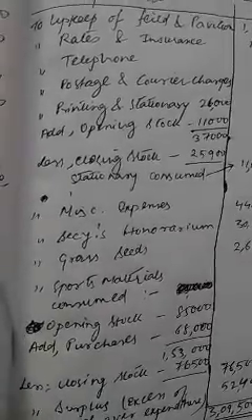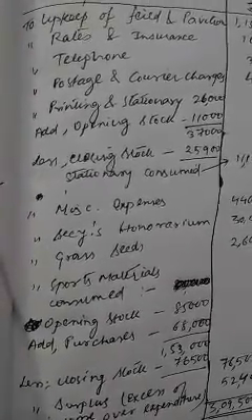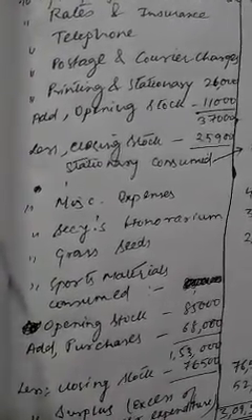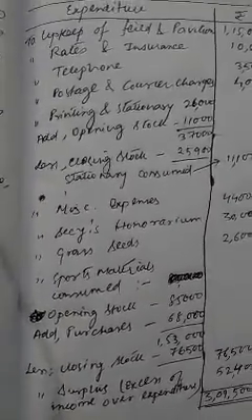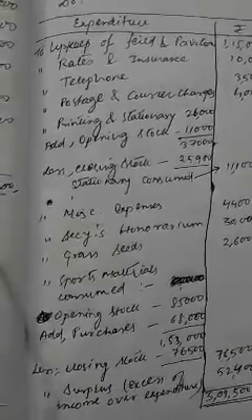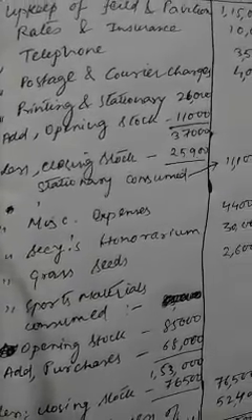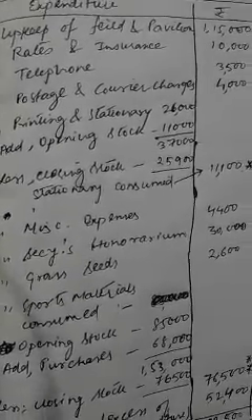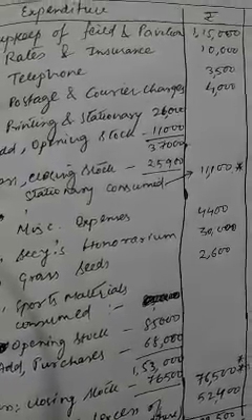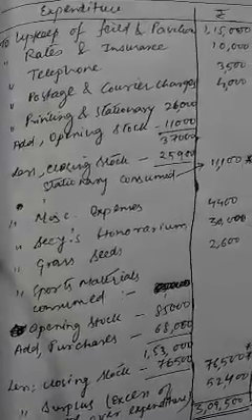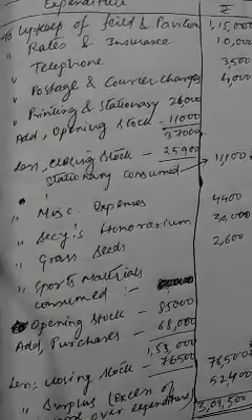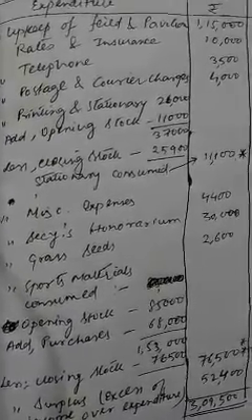in the question. Next comes printing and stationery. Printing and stationery I have taken 26,000 in the inner column, and with that I have added the opening stock 11,000. 11,000 is given in the adjustment. So with that I have added, it has come to 37,000, and then I have deducted the closing stock 25,900.